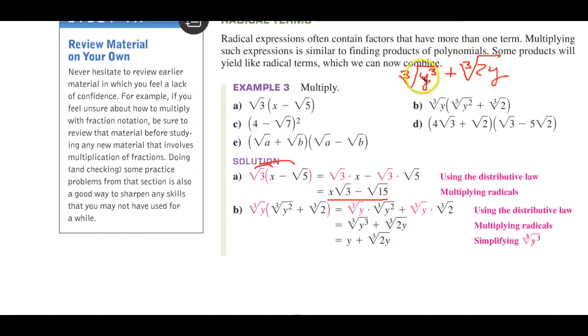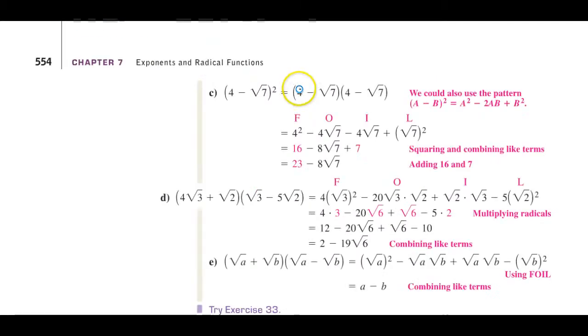Now this will become just y, and then we write this, plus the third root of 2y. And that's what they have. Now we'll look at C in just a moment.